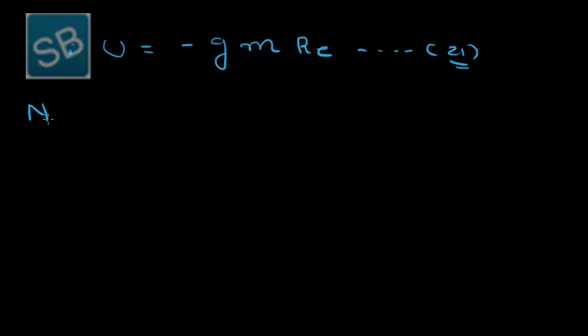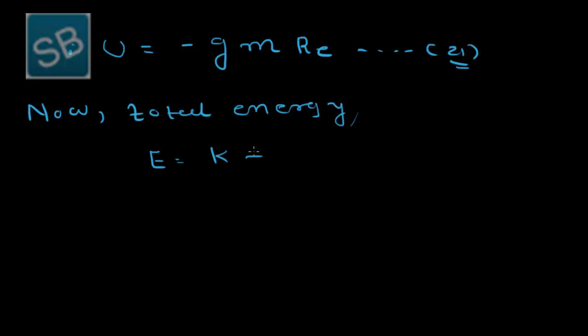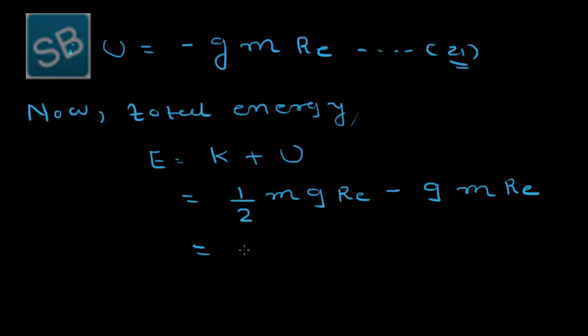Now the total energy E is equal to K plus U. Here K is the kinetic energy, that is 1/2 mgRe, minus mgRe. And by simplifying this equation, we get minus 1/2 mgRe.